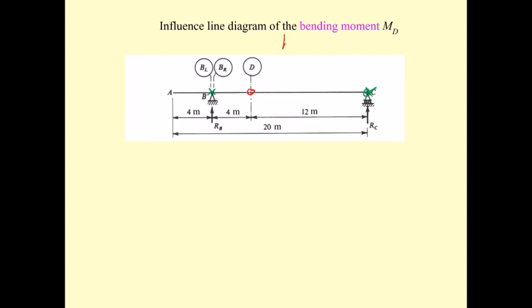So put the hinge into it, and then apply the moment up here. It moves to here by a b over L. This is a, this is b, and L is the whole length, 16 meters. So we have 4 times 12 divided by 16.